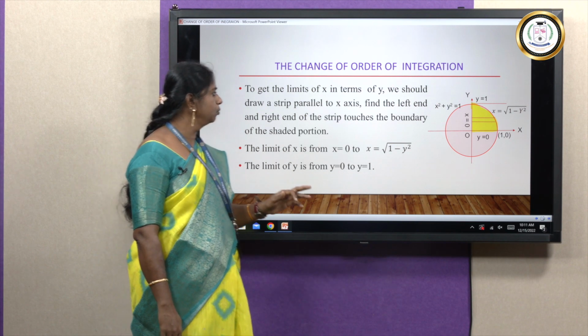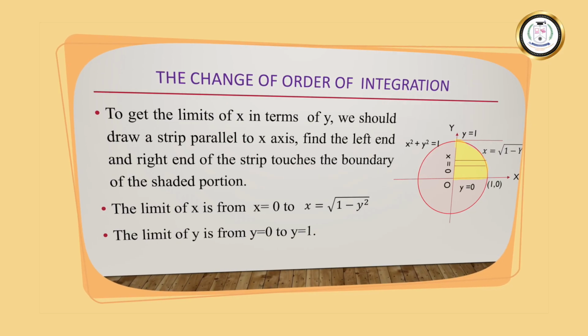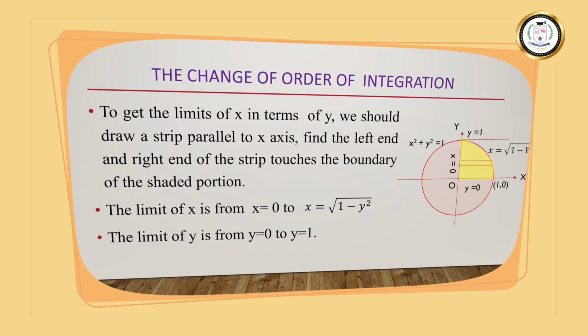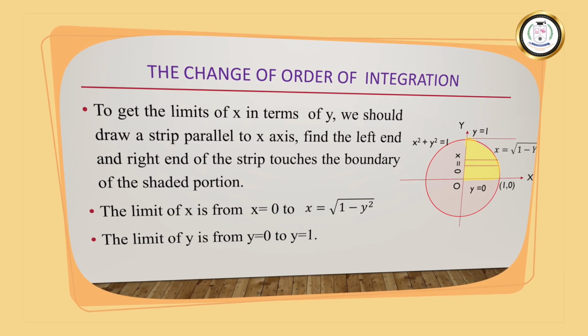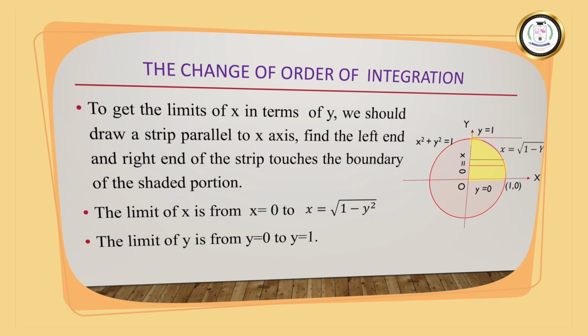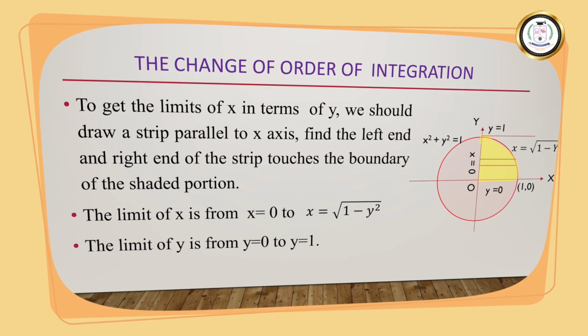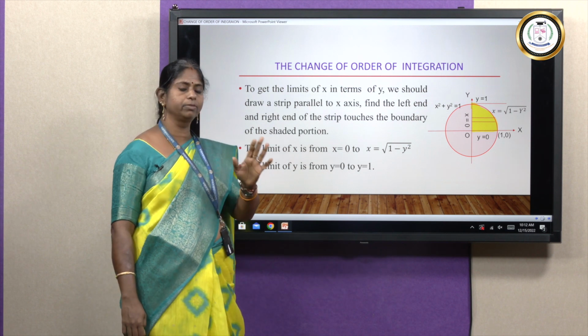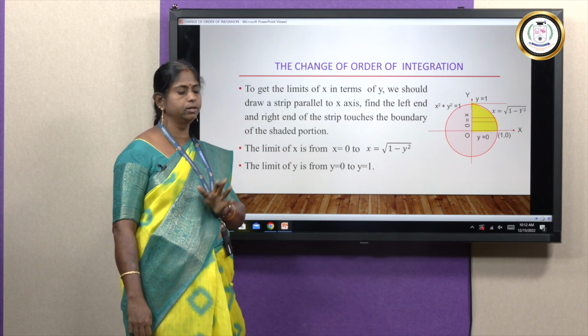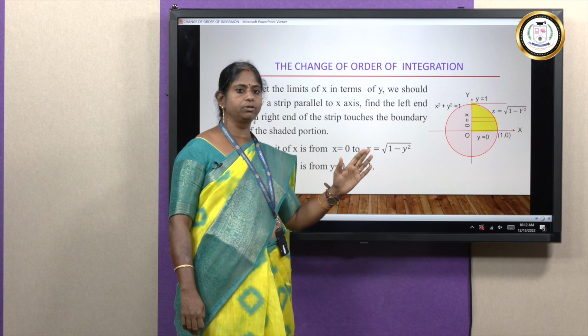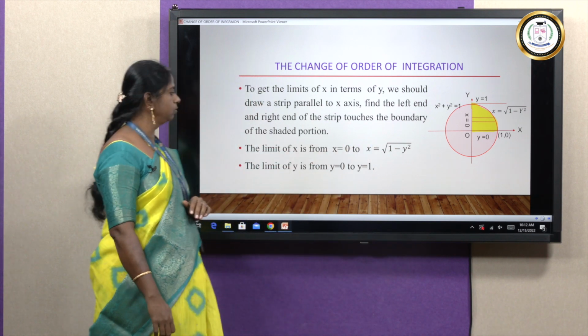For that you take x is equal to 0 in the equation x square plus y square equal to 1. Put x equal to 0, I get y square equal to 1, from that y equal to plus or minus 1, but we are considering only the positive side, so you must take y equal to 1.